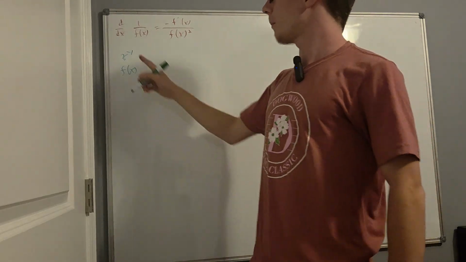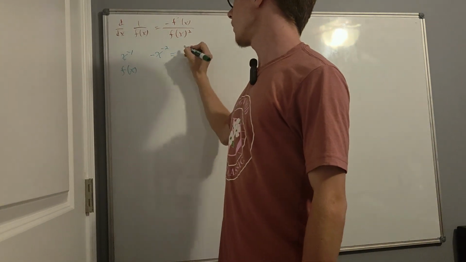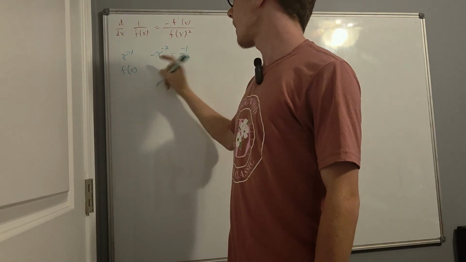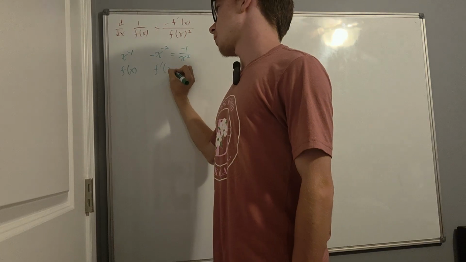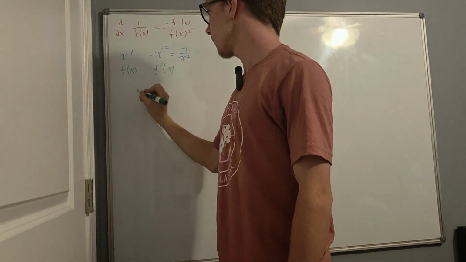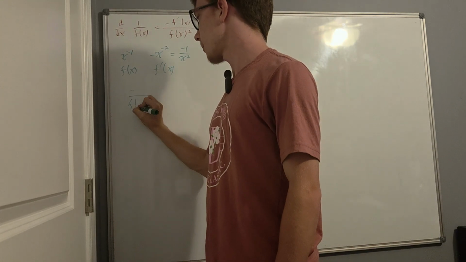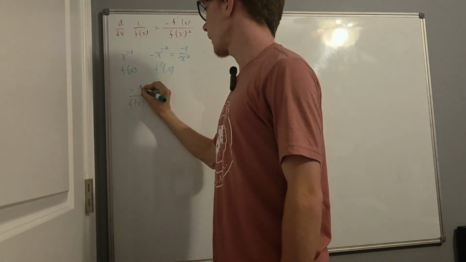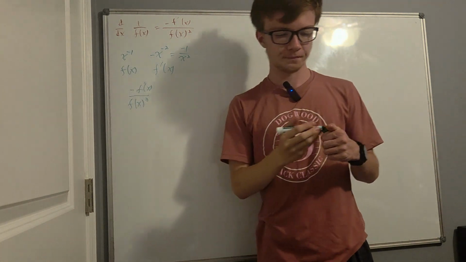This is just another chain rule. So the derivative of that is negative x to the negative 2, which is equal to negative 1 over x squared. And then obviously the derivative of f of x is f prime of x. Composition, so we're going to end up with negative something over f of x squared times f prime of x. Bam. Those go together really well.